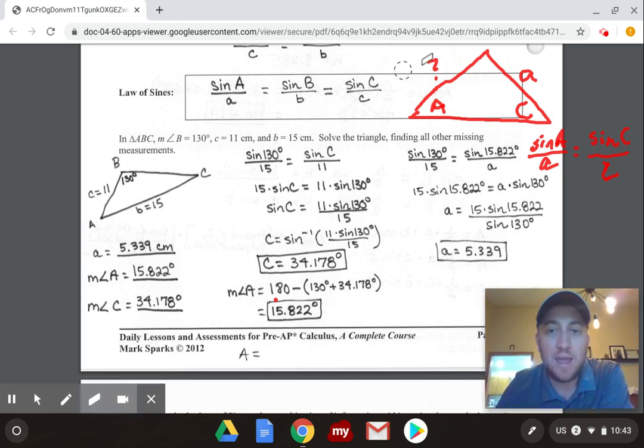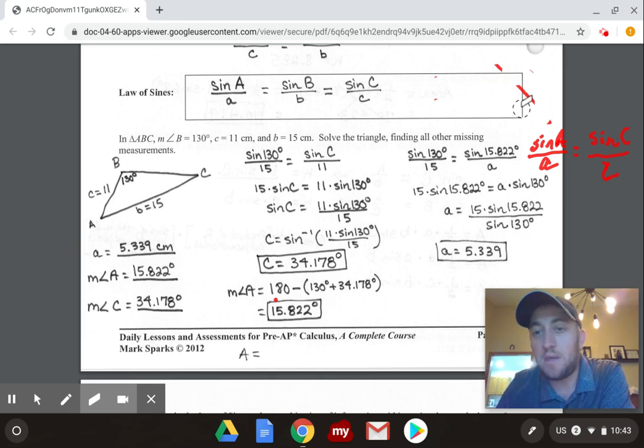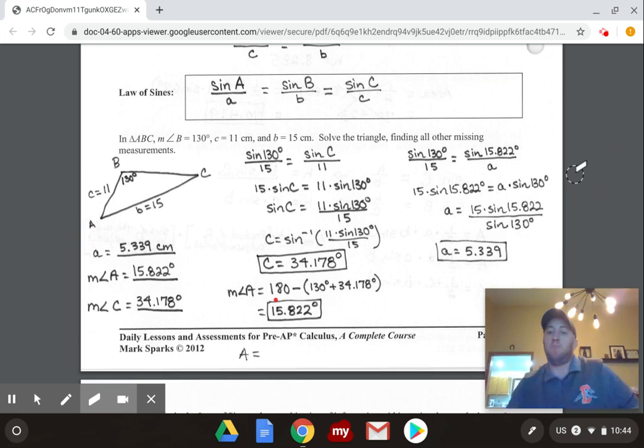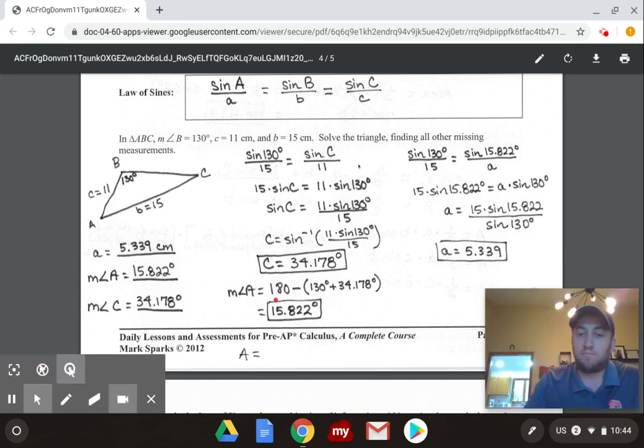Maybe it's sine A over A is equal to sine B over B. Maybe it's sine B over B is equal to sine C over C. Or the third option would be sine A over A is equal to sine C over C. It just kind of depends. But the most important thing is you have to know an angle and the side across from it to be able to use law of sines. Then after that, once you actually start working with it a little bit more, that one becomes pretty simple.